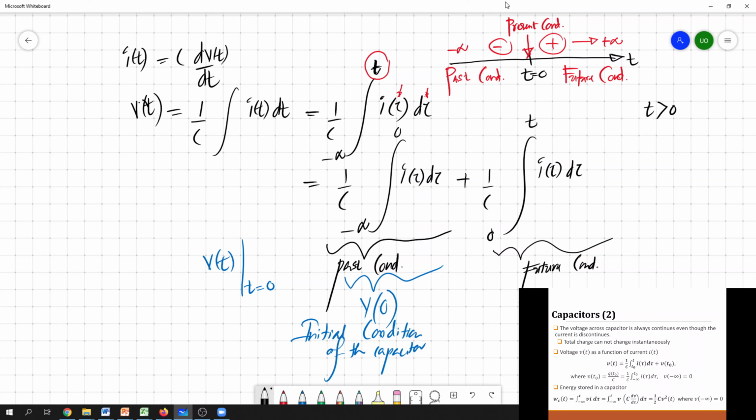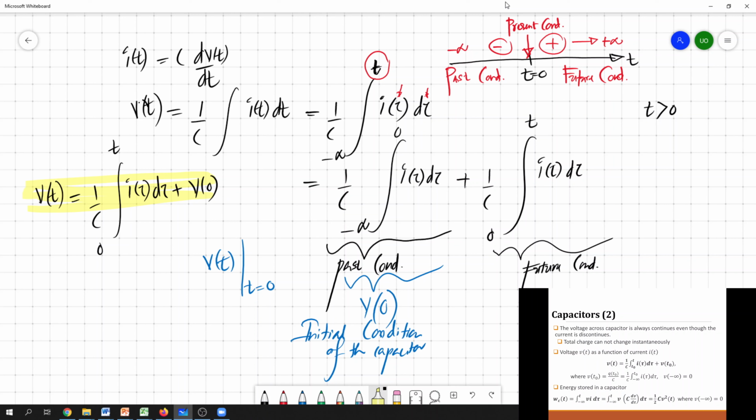So from this we can get this kind of equation: v(t) equals 1 over C integral from 0 to t of i(tau) d tau plus V0. This equation gives the induced or the applied voltage across the capacitor.